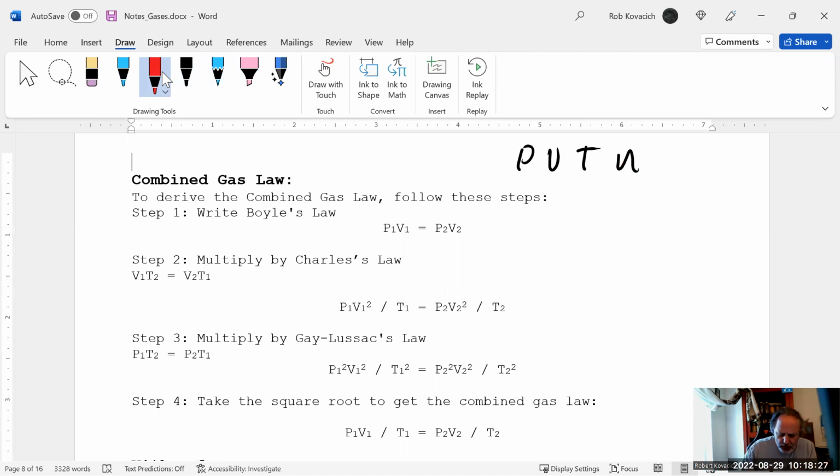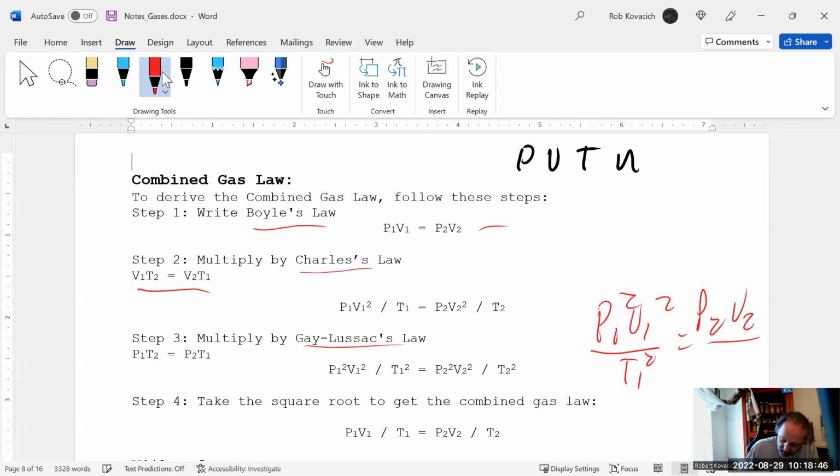So really what we're doing is this is Boyle's law, and then I'm going to take Charles' law. This is Charles' law. I'm going to multiply those together, and then this is Gay-Lussac's law, and then I'm going to multiply that together. And what you end up with is P1 V1 T1 squared equals P2 V2 T2 squared.